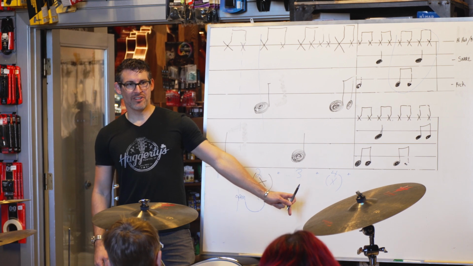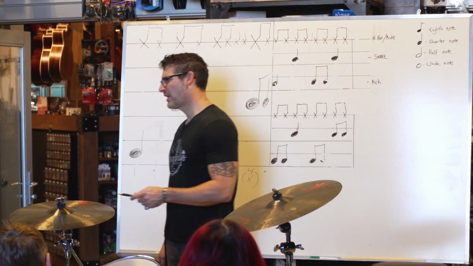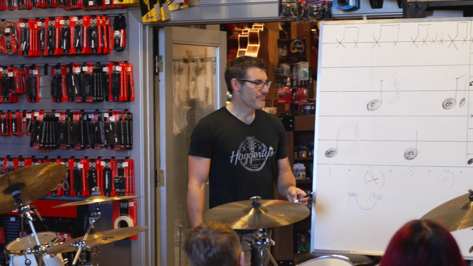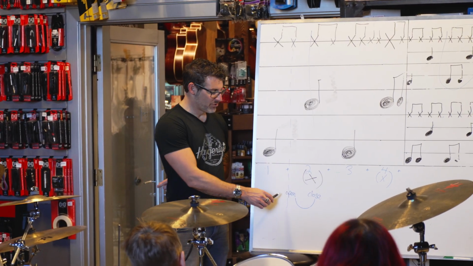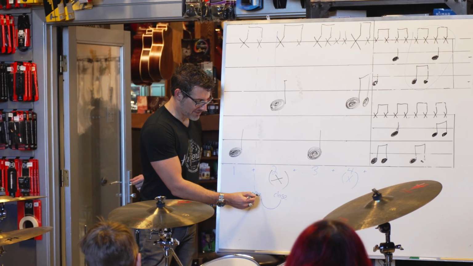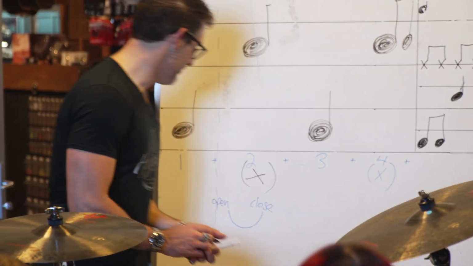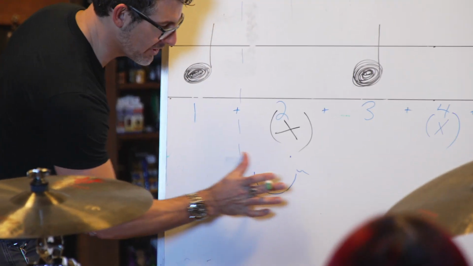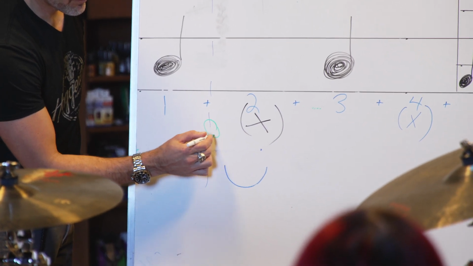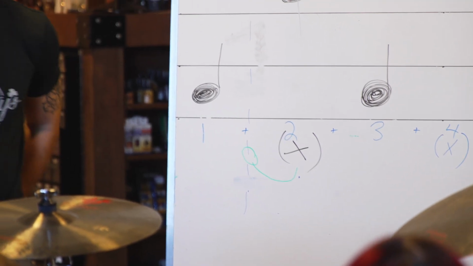Now, I will tell you one of the things that was helpful for me when I was getting more complicated drum beats down: I would put something to designate open, close. If you didn't want to write open, close, you could do this, to help you know where to open.